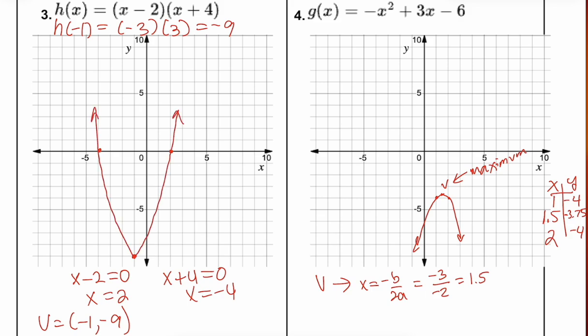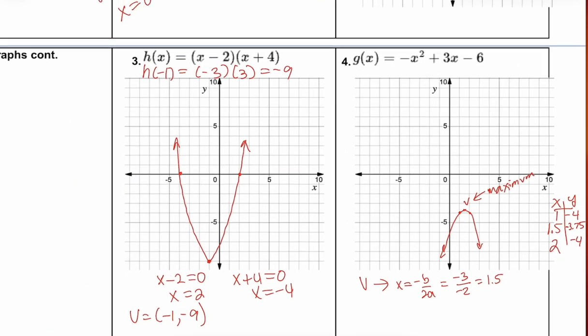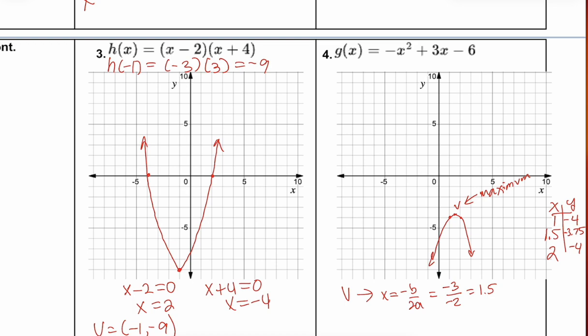Now, what's another way we could have graphed this? Well, if we look at our function, if we were to distribute and multiply out, that's the same as x squared plus 2x minus 8, if we were to FOIL it. So in that form, we can do exactly what we did for number 4.